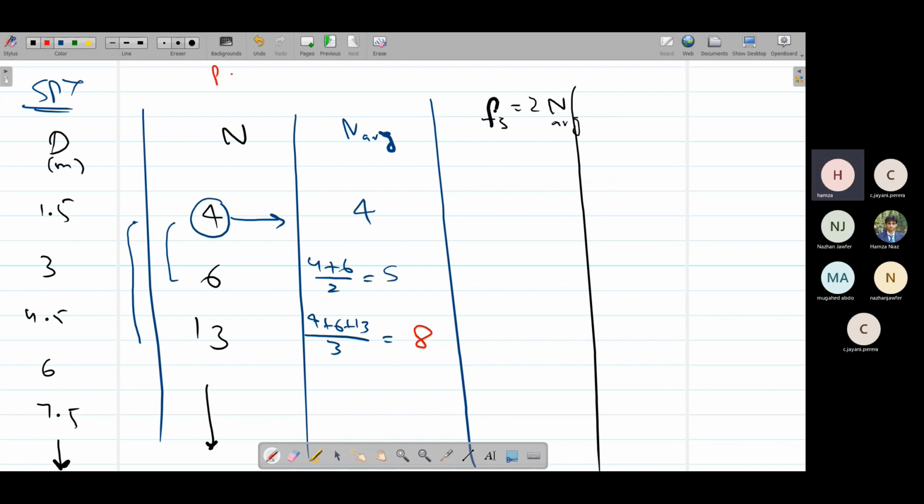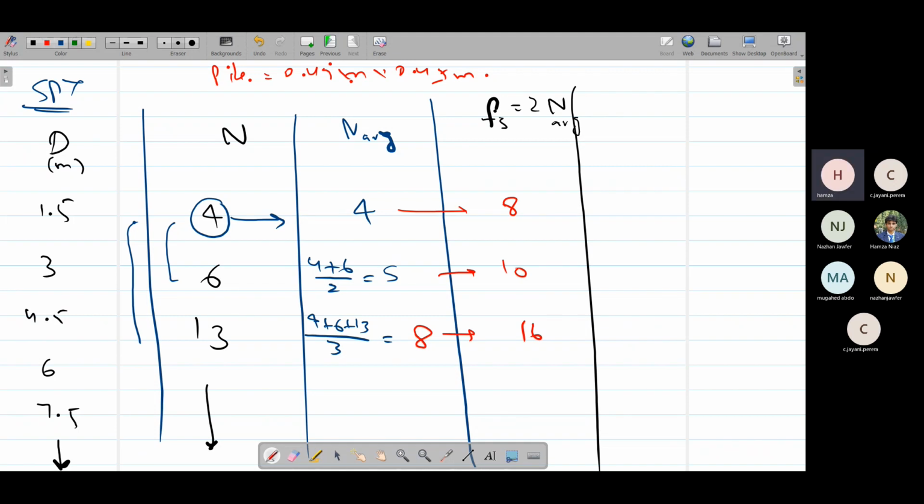The pile is 0.45 meters by 0.45 meters; it is a square pile, as given in the question. So 2 times n: 2 into 4 is 8, 2 into 5 is 10, 2 into 8 is 16. This way we can get the Fs value.